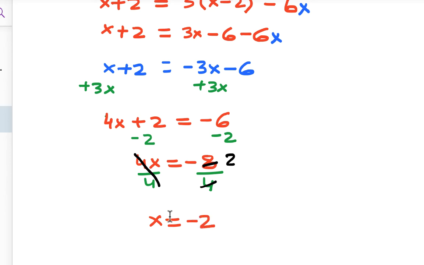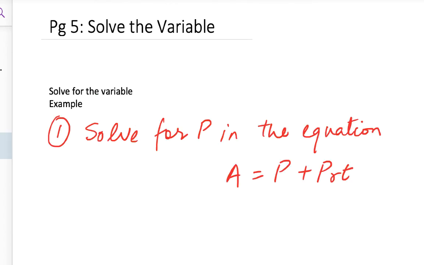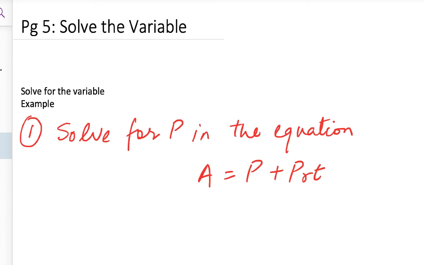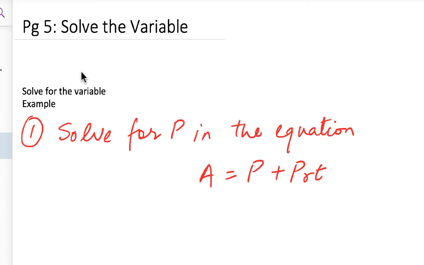Now let's look at solving when there are variables present, and variables are always there, but we're going to solve for the variables. So let's look at the first problem: solve for this capital P in the equation A = P + PRT. In order to solve this one, I need to gather the P together on the right hand side.